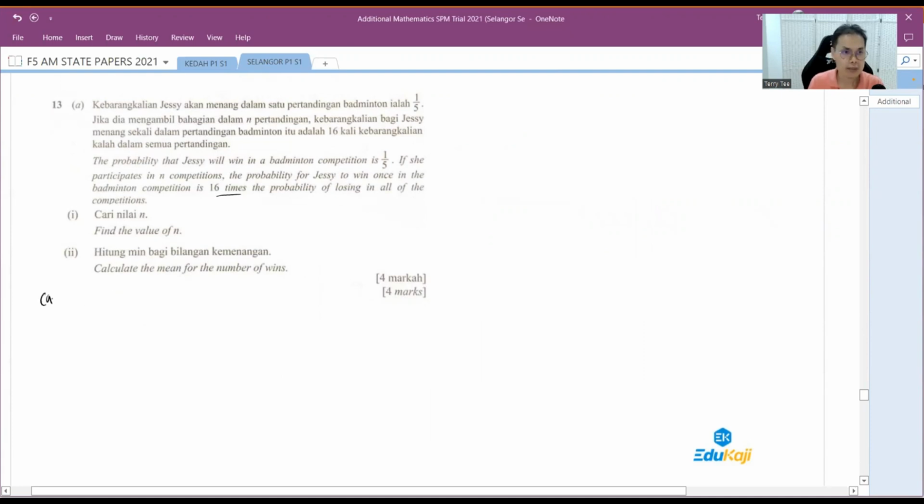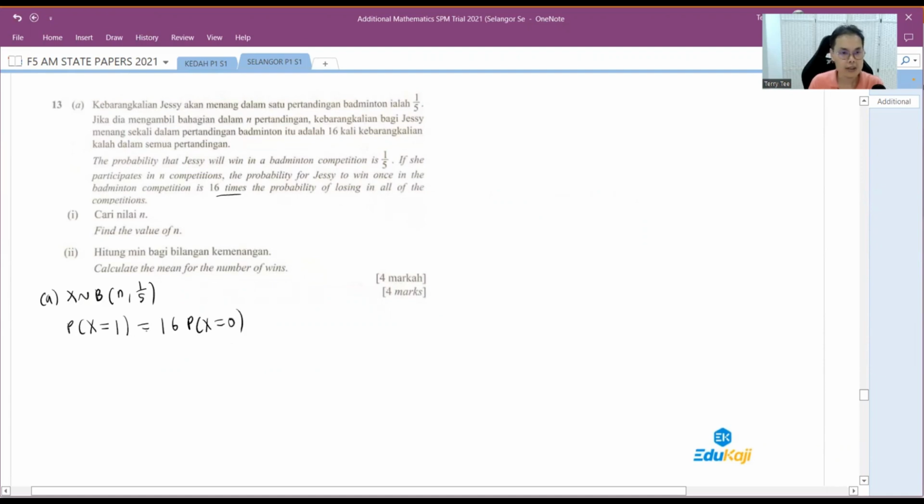First of all, we know this is a binomial distribution, but if you don't write this, it's okay. This is the notation for writing a binomial. We don't know what your n is. We know the probability is 1/5. So the probability that she wins once is equal to 16 times the probability that she wins none.